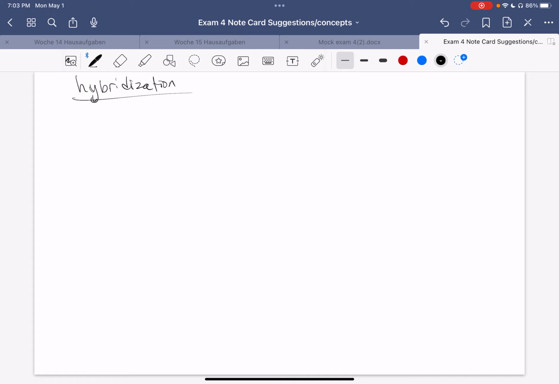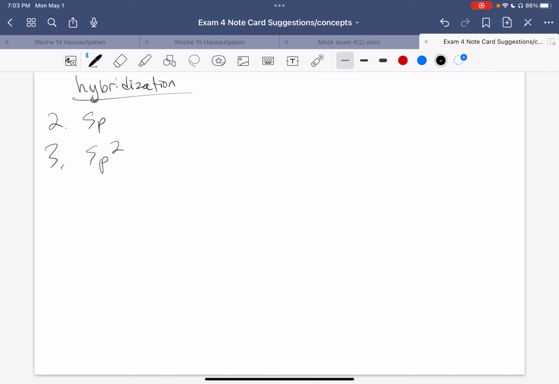So if you have two things bonded to a central atom, then it's going to be sp. Whether that means a bond and a triple bond, or a lone pair, or any combination of that, it's going to be sp.